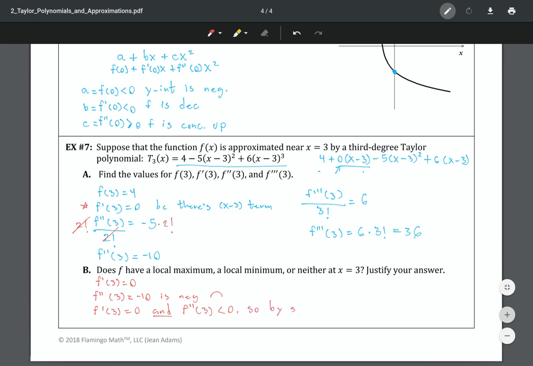So by the second derivative test, function f has a local minimum at x equals 3. A local maximum, excuse me.